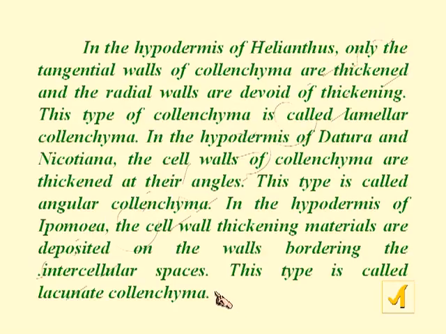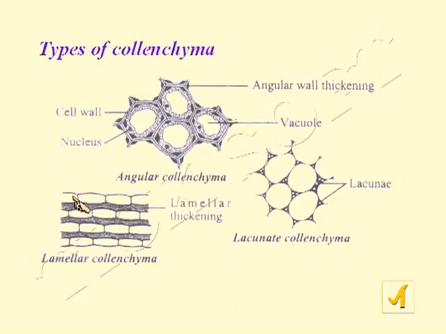In angular collenchyma, the cell walls are thickened at the angles. In lacunate collenchyma, the cell wall thickening materials are deposited on the walls bordering the intercellular spaces. So this is known as lacunate collenchyma.